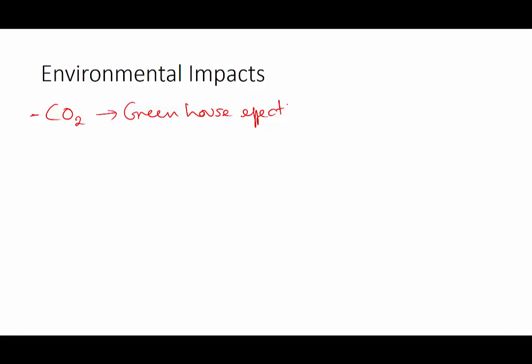That causes global warming, so the average temperature of the Earth increases. As a result, sea levels rise because glaciers, for example at the Antarctic, start to melt. It also causes more extreme weather patterns and more flooding.